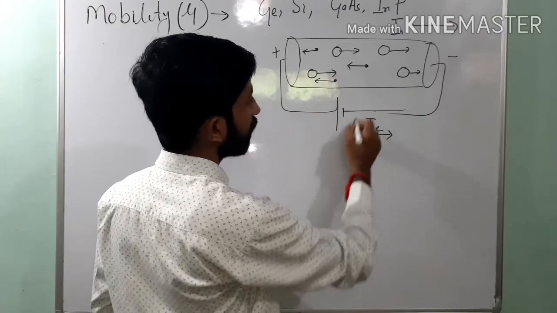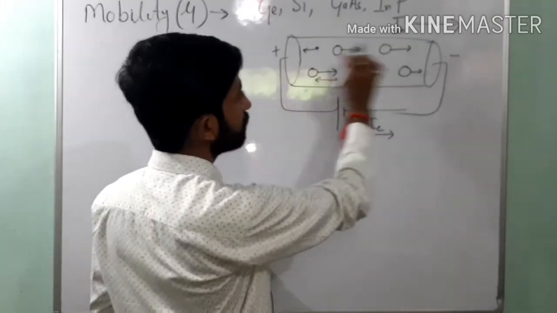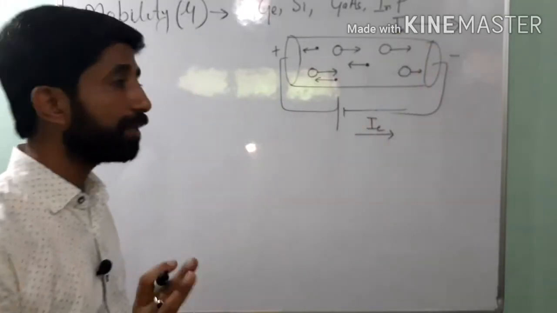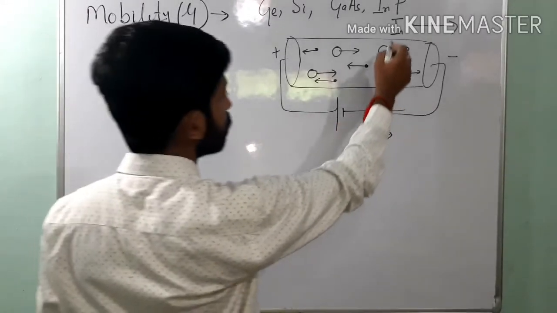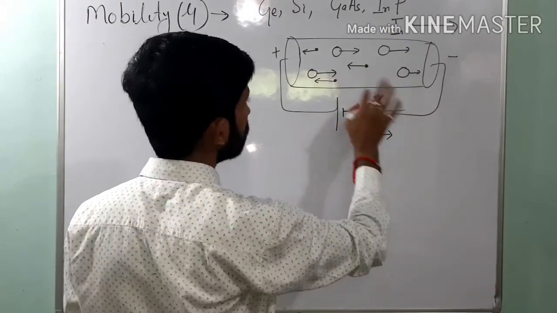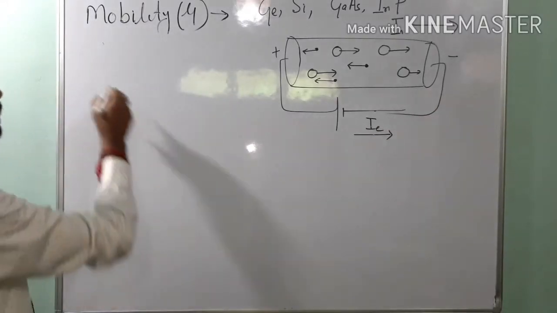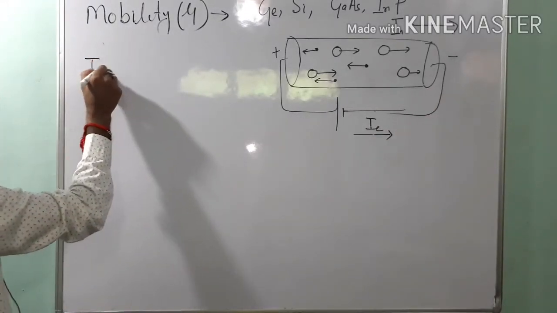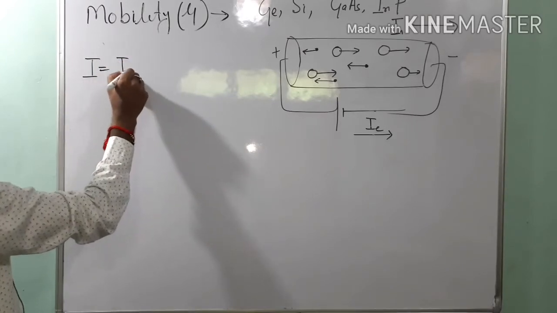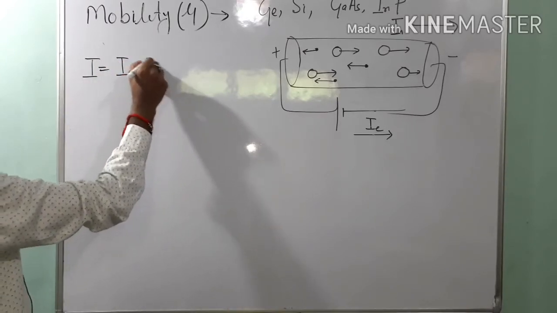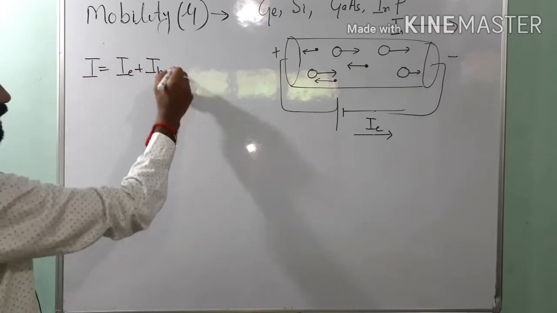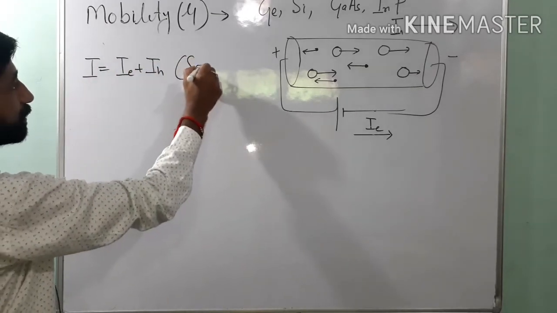So this conventional current will be from positive to the negative end. Okay, now see that both the currents are moving from the positive to the negative end. So what is the total current? I is equal to I of E plus I of H. That is in case of semiconductors.